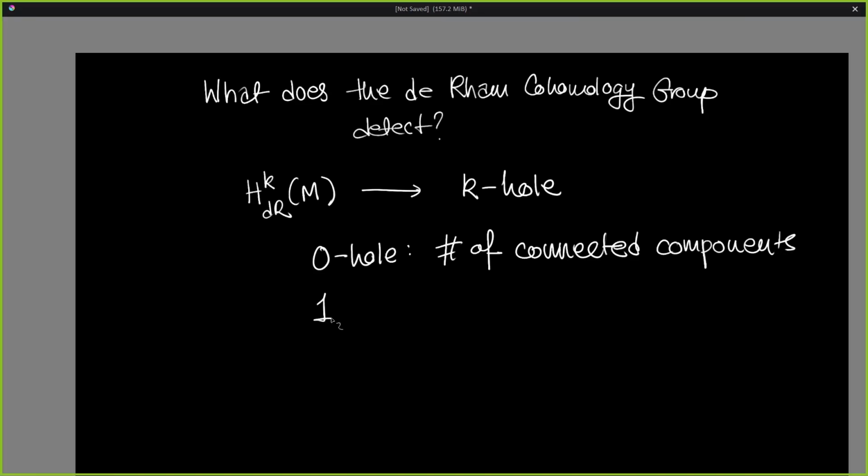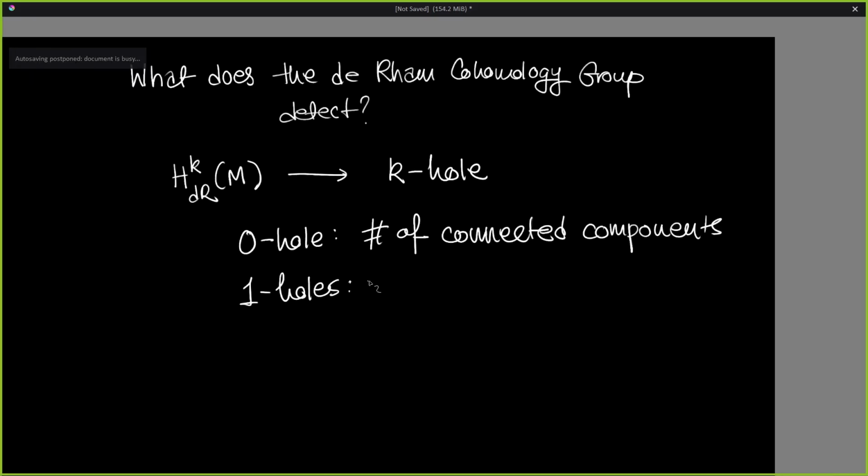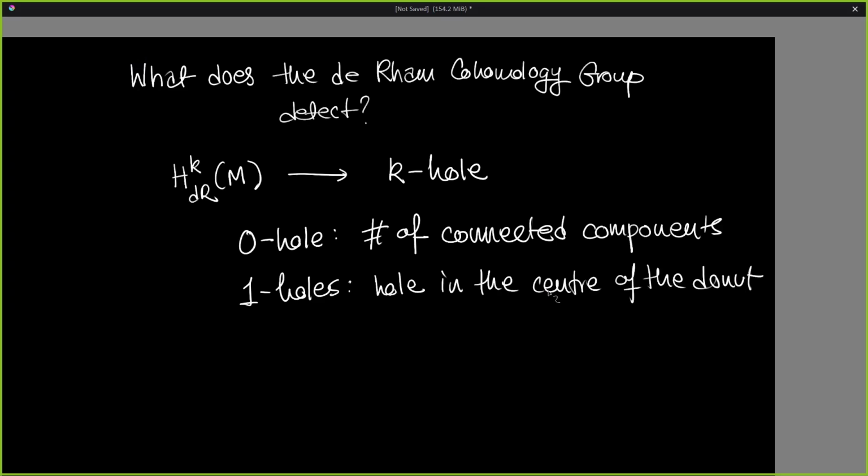The number of one holes, these are the holes that we are familiar with. It's the hole in the center of a donut. Two holes are cavities, like the inside of a sphere.